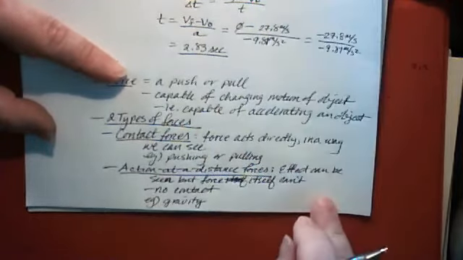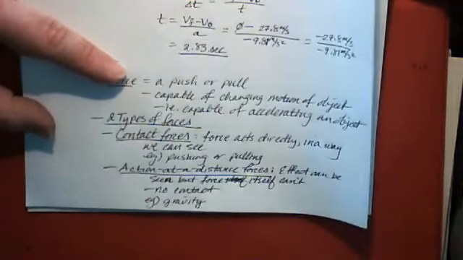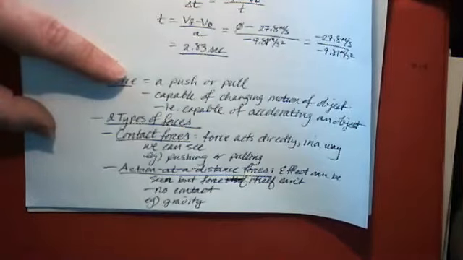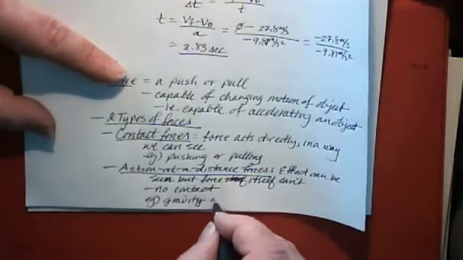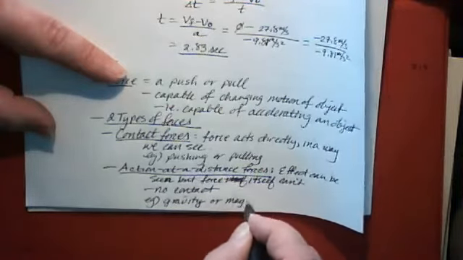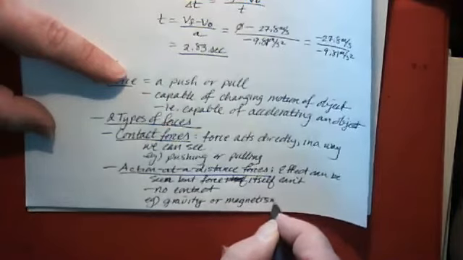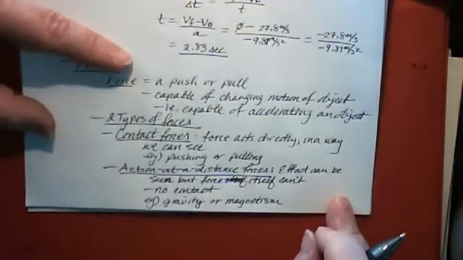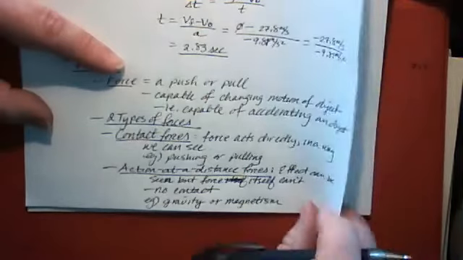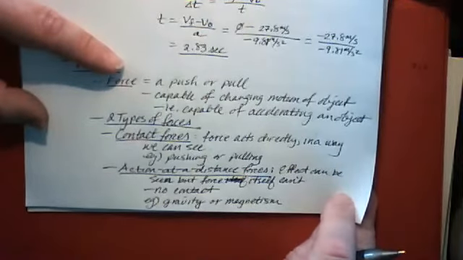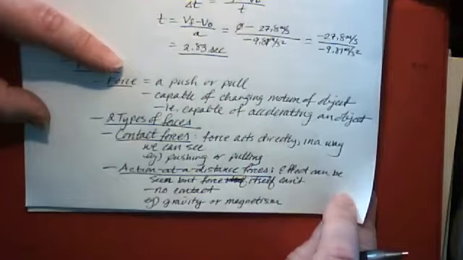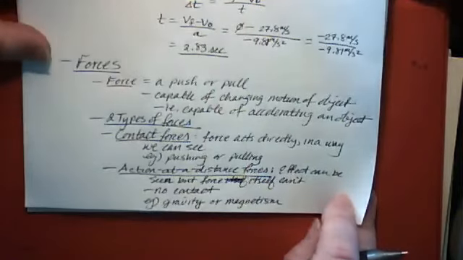And as you might suspect, one of the action at a distance forces is gravity, because you can't see gravity acting on something. You can only see the effect when something falls to the ground. Magnetism is another example of action at a distance forces, because you can't see magnetic forces at work either. And a magnet doesn't actually have to touch something in order to move it. Okay, so those are a couple of types of forces.